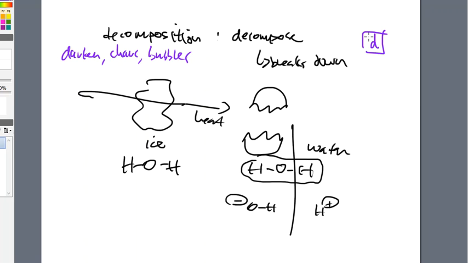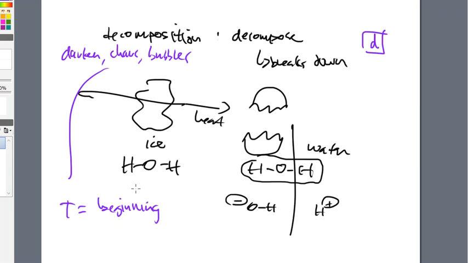All right, so if decomposition takes place, then what happens is that you are going to record the temperature at the very beginning of that process. When you start to see those changes take place, when you start to see it darken or char or bubble or maybe go into a liquid form, as soon as you see any of those observations, you are maybe undergoing the process of decomposition.